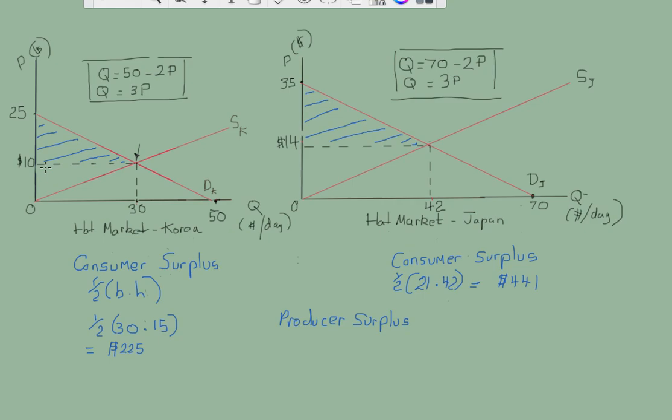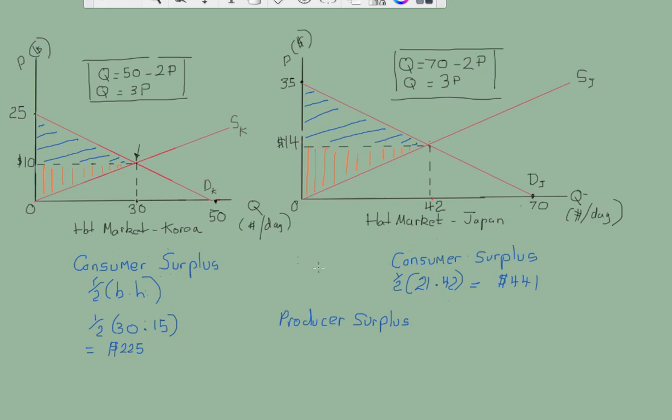So the producer surplus is the value that the producers get from participating in this market over and above the minimum price they would have taken for any particular unit of the goods. So the supply curve has a positive slope, which means that the producer would have been willing to supply the early units of the good for less than the amount that they actually receive for the good.